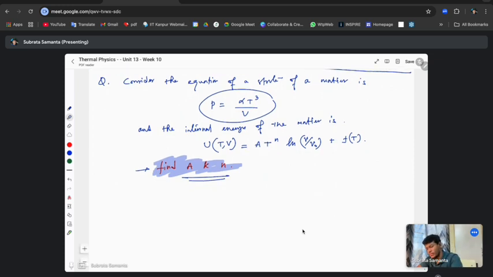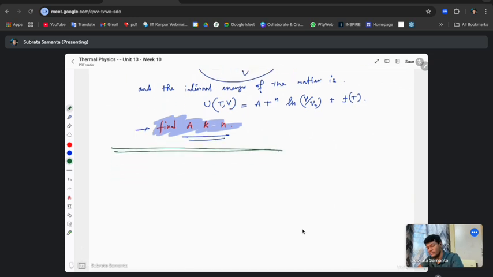So how to compute? U is given, right? So you first compute what is dS. You know that TdS equals dU plus PdV, or in other words dU is TdS minus PdV.